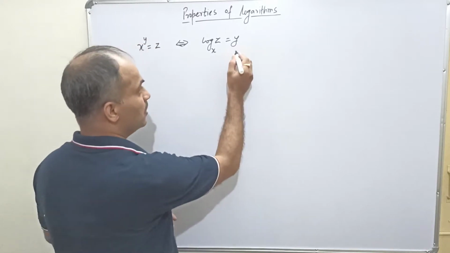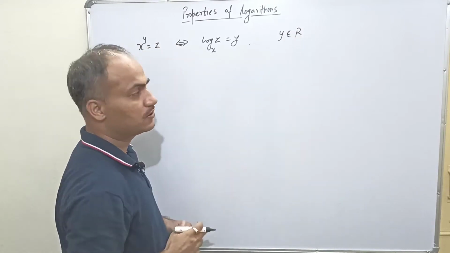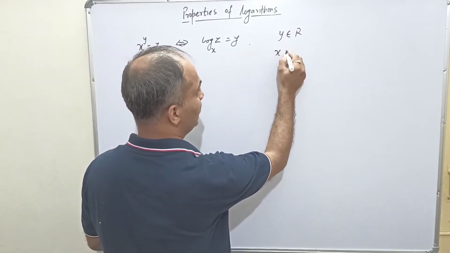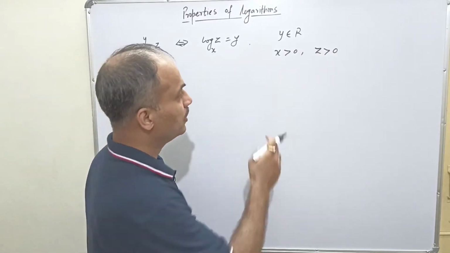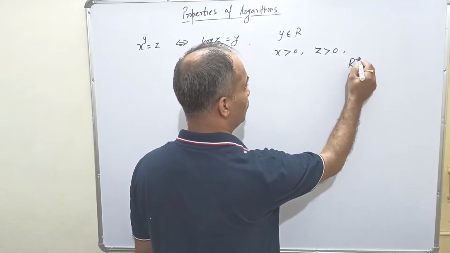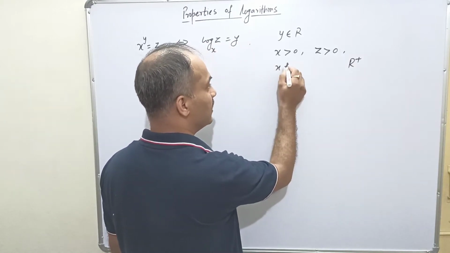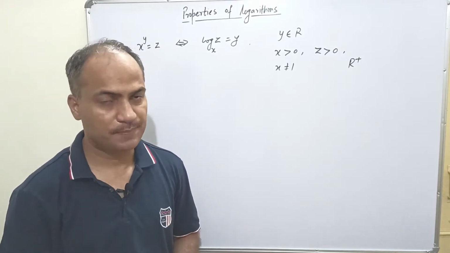Here y can be any real number, while x and z are positive, they belong to R plus. Also, x cannot be equal to 1. These were the restrictions.